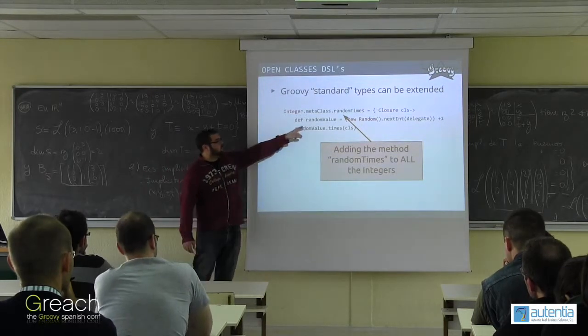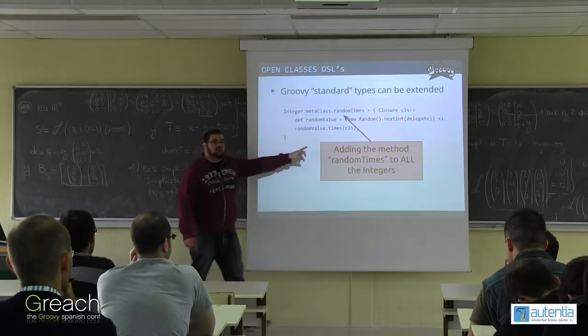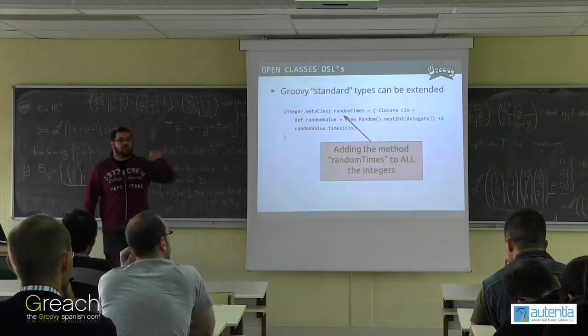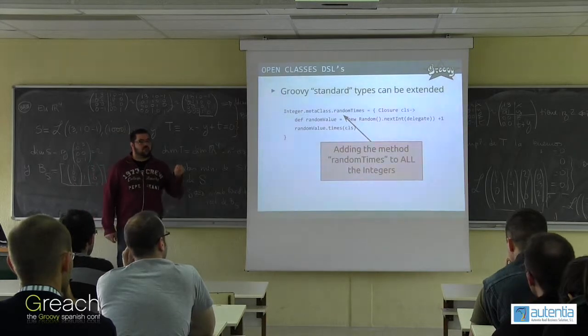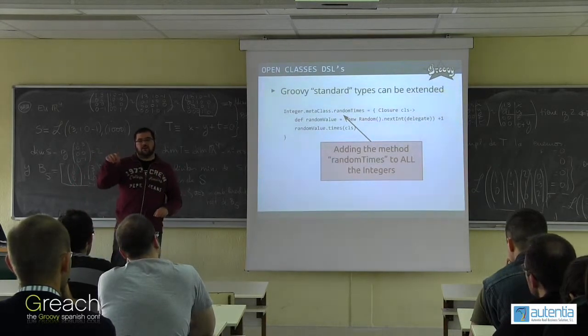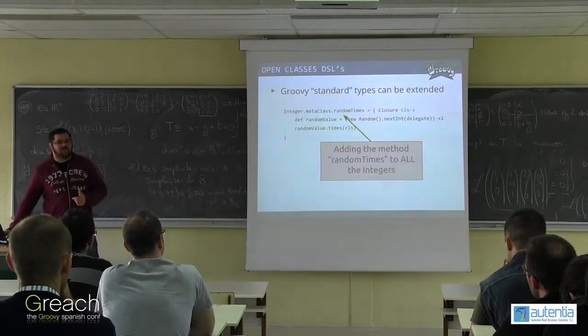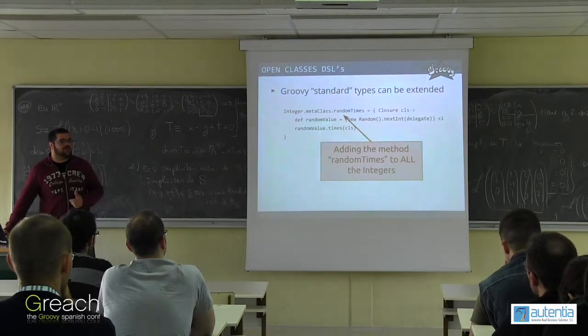Here, for example, I'm adding to the Integer a method randomTimes. I don't know if you know the method times. For example, in Groovy, you put 10.times, you have an iterator that repeats itself 10 times. So randomTimes is the same thing, but a random number of times.